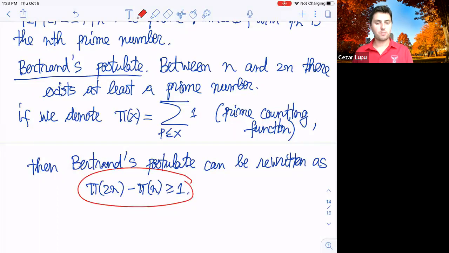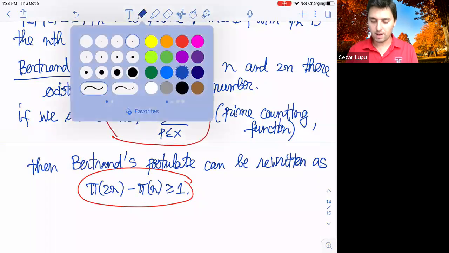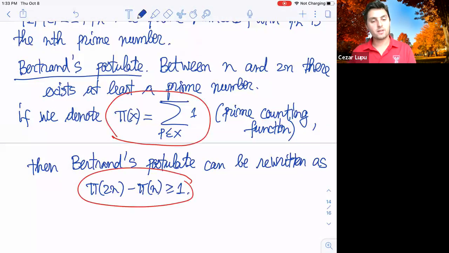So pi of x is the prime counting function. Look at the way it's defined here: given a real number x, I'm counting how many prime numbers are less or equal than x. Unfortunately, this prime counting function does not behave like other arithmetic functions. In fact, it's not even multiplicative.